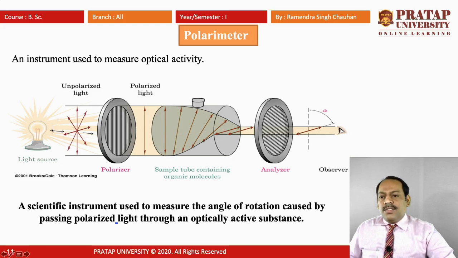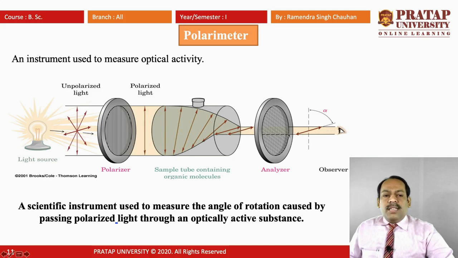When unpolarized light passes through this, it gets polarized by the polarizer, and then it passes through the polarimeter tube containing the optically active substance. On passing through this optically active substance, the plane of polarization is rotated, and then at the analyzer we can observe the light after the rotation.